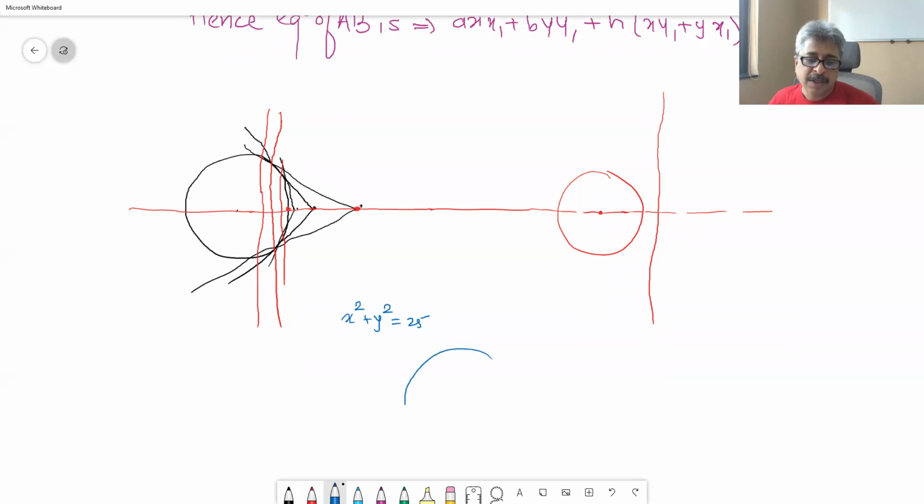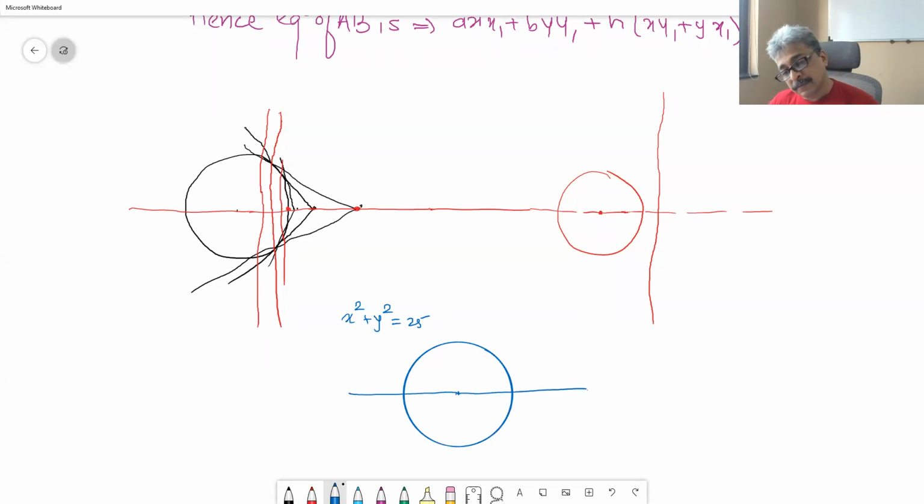Okay, so it's a circle with radius 5, and let us take any point on the x-axis which is (10, 0).